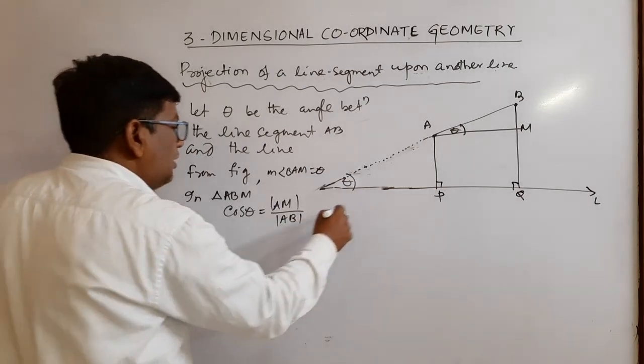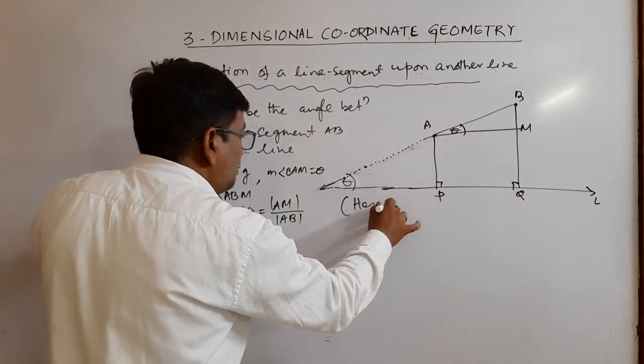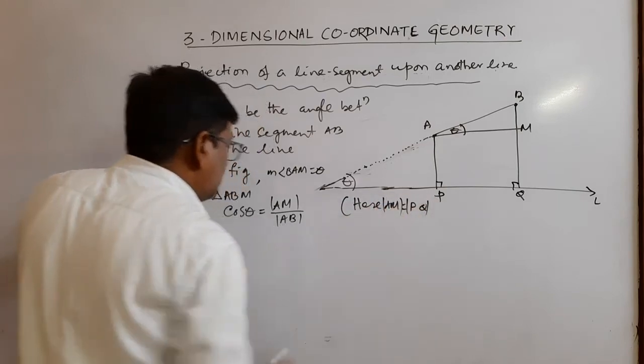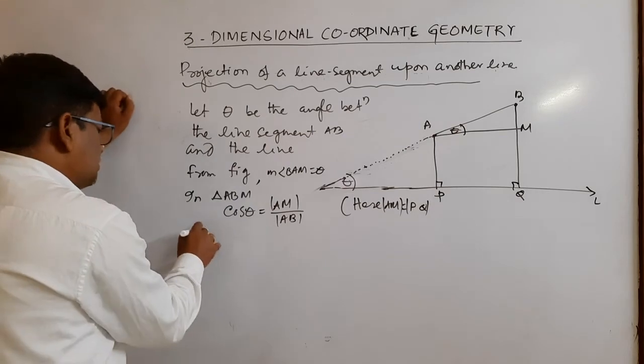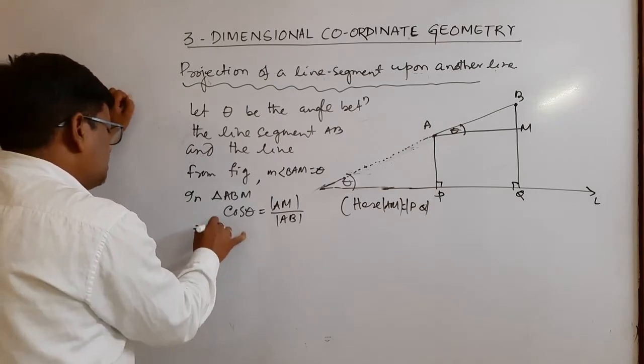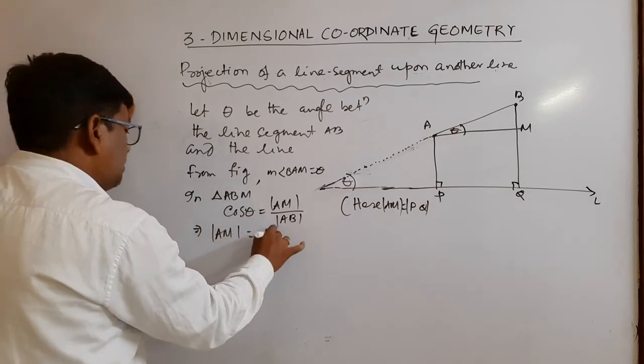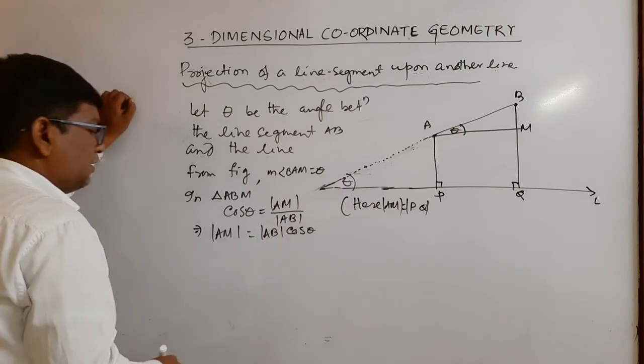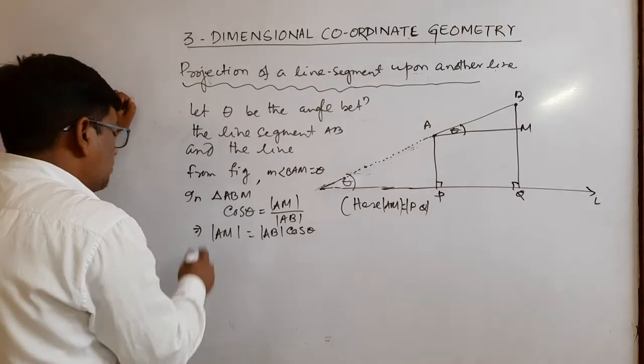AM is equal to the PQ distance. So AM is equal to the distance of AB into cos theta.